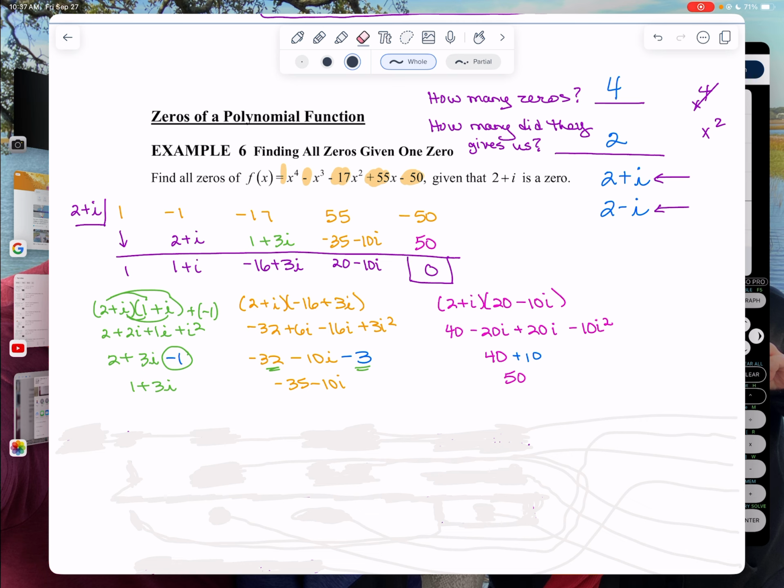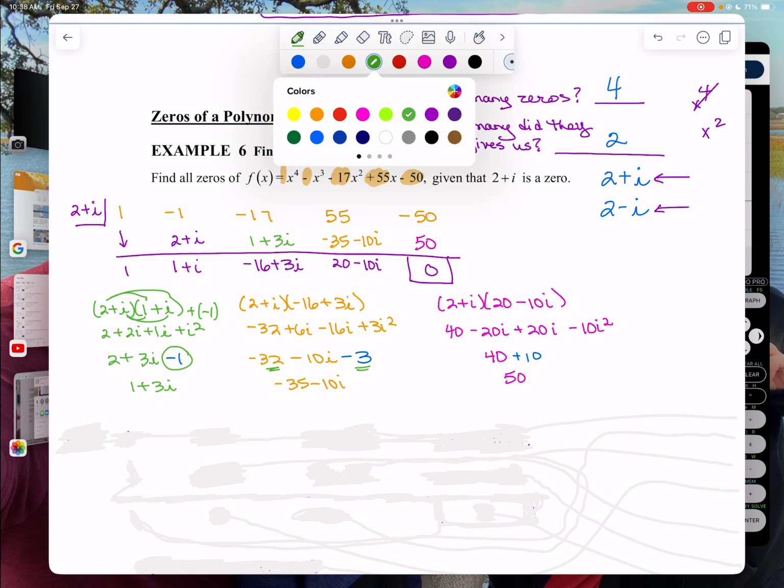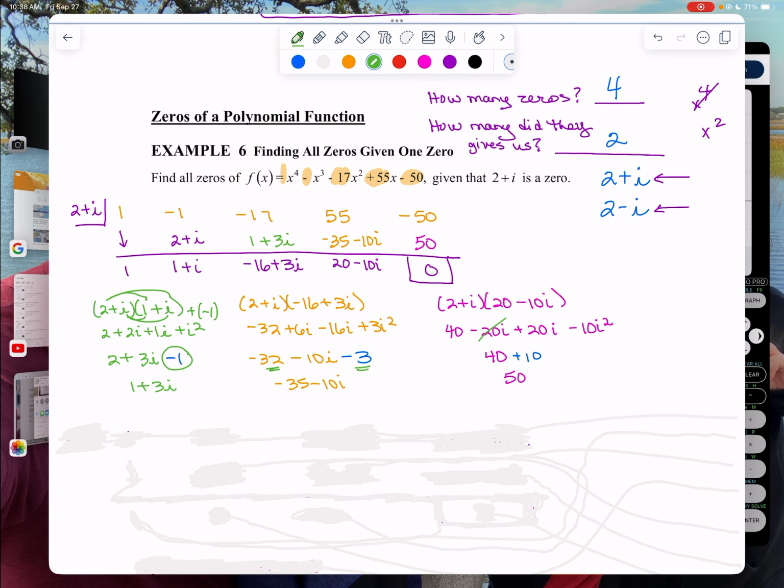So when I pull that out, notice that my middle two cancel. My minus 20i plus 20i is going to cancel. My minus 10i squared changes into plus 10. And I do get a 50, so I get my 0, which is great. That means I didn't mess up.